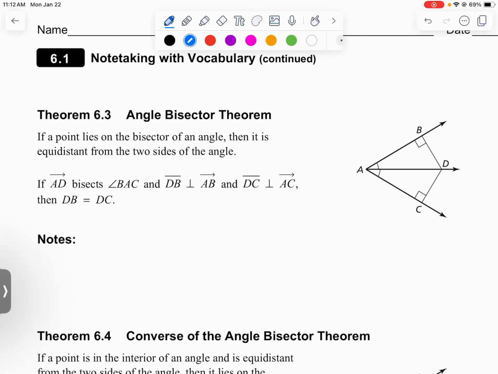So here is D. D is lying on the angle bisector. Since AD is the angle bisector, these 2 segments right here are congruent. They're equidistant. Now, why is there a right angle?